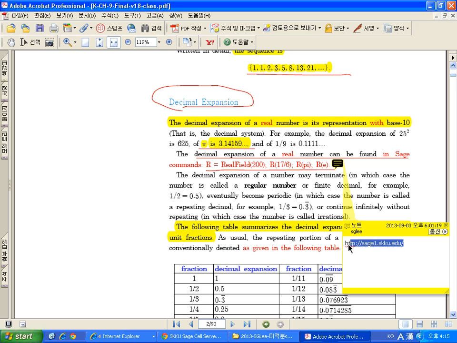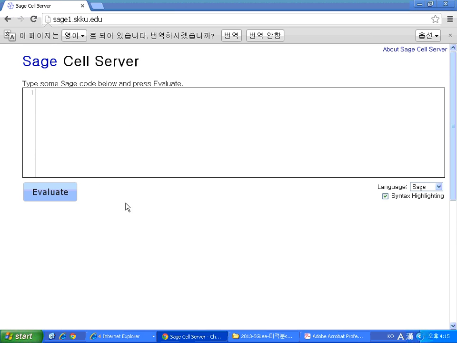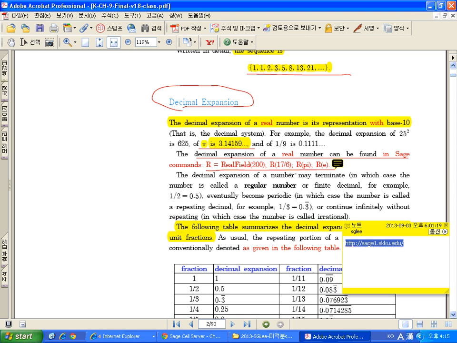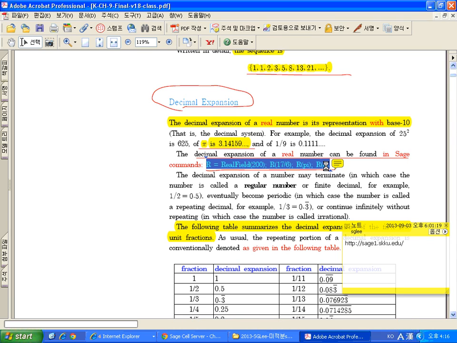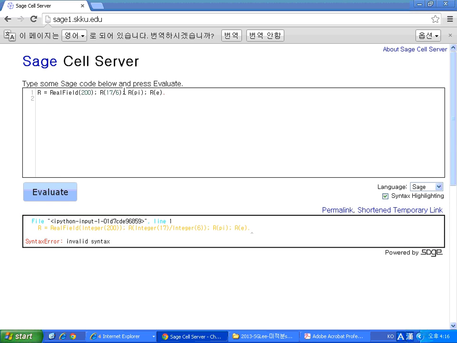If we go here, and Sage says that I have developed, then if we make a copy of this, we may see what first this.